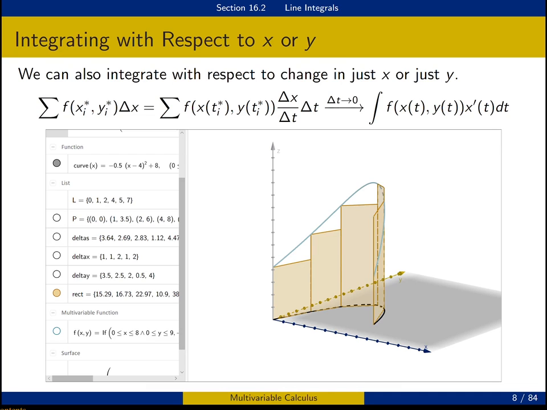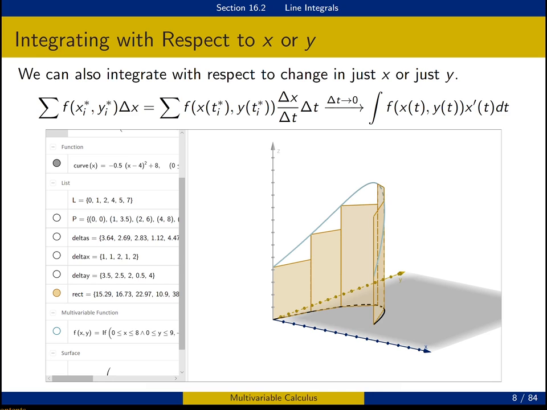It will also sometimes be useful to integrate just with respect to the change in either the variable x or just the variable y. If we do that, then our summation would be f of xi star yi star times delta x.